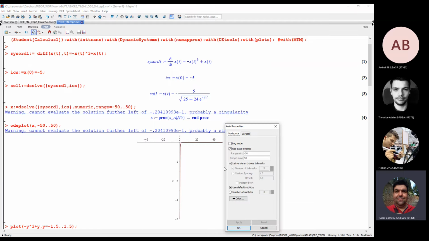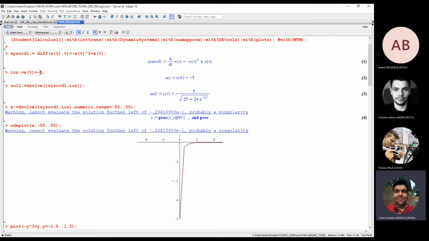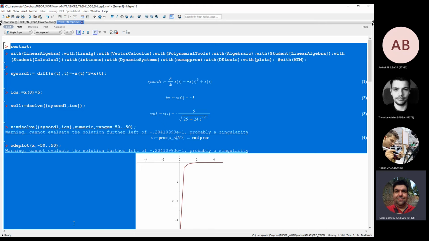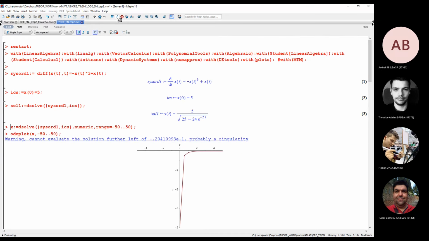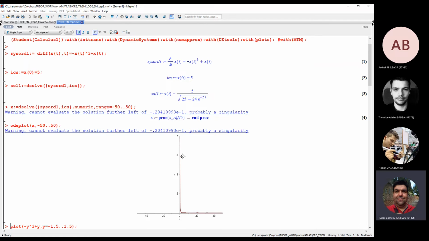I'm trying to use the properties of the axis because I would like to have them from -5 to 5, so we can explicitly see the vertical asymptote here. This is just like we saw earlier.